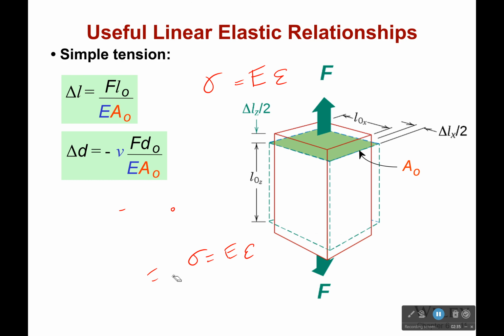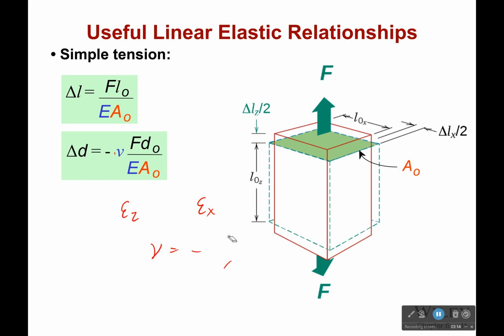Okay, now this second one introduces another value which you haven't seen before. This nu. It looks like a V, it's actually a nu. And that is what's called Poisson's ratio. What it says is that if I have some strain in my lengthwise direction, there's also going to be a strain in the x direction, or the lateral direction, whatever you want to call it. And this Poisson's ratio says there's going to be a ratio of those two.